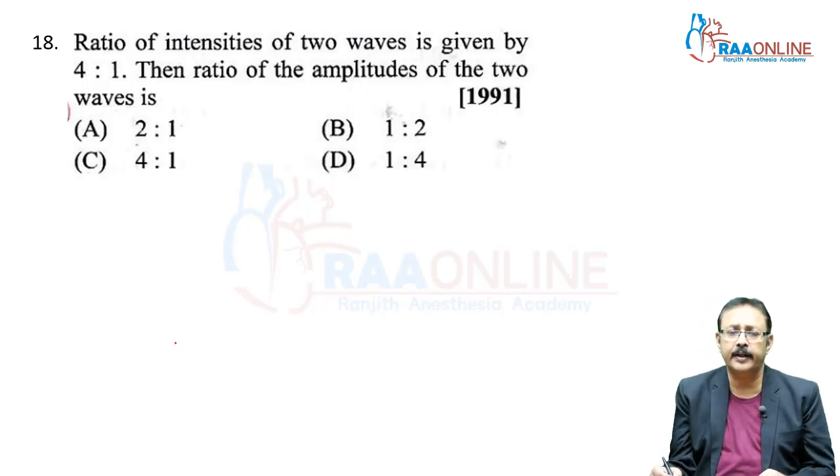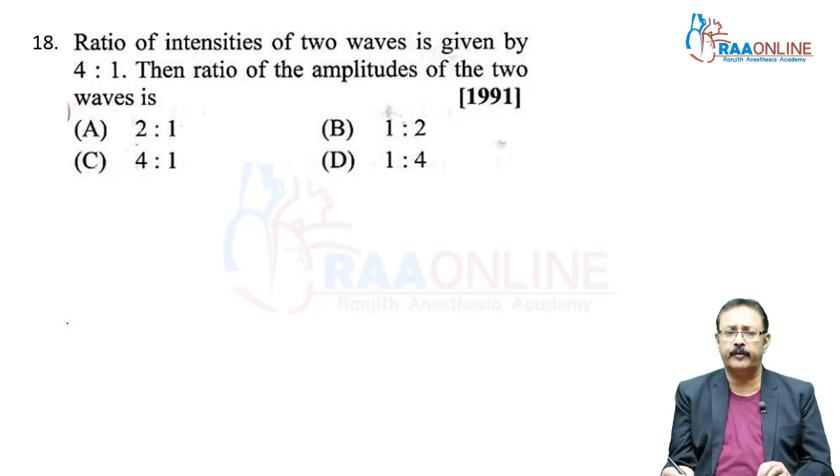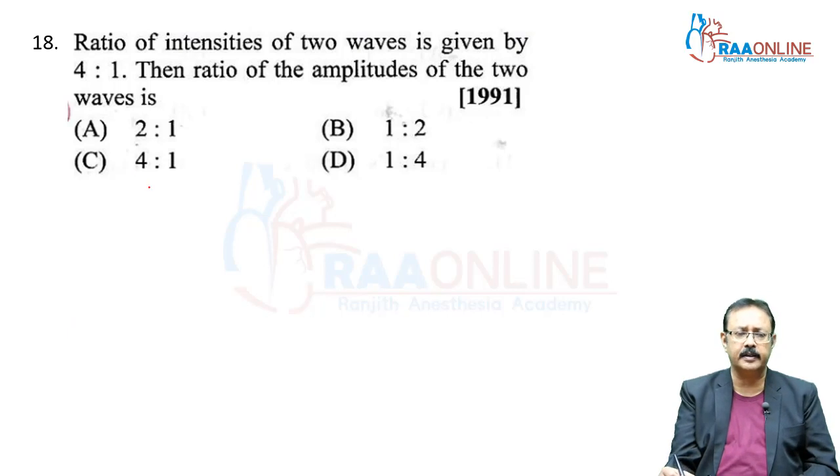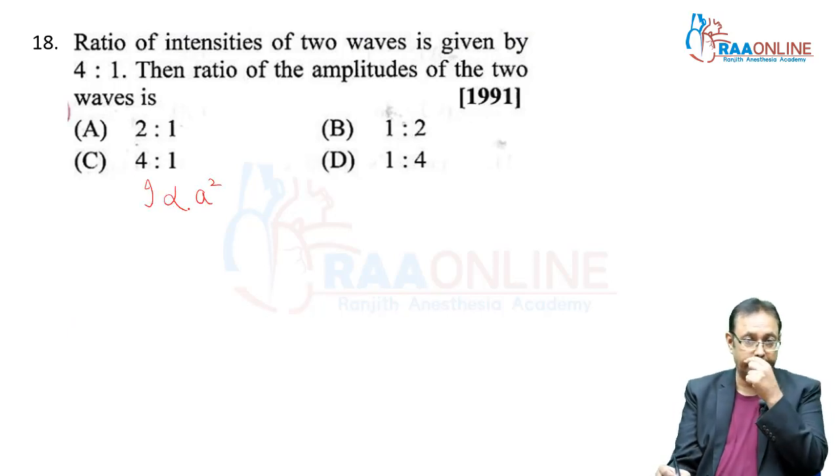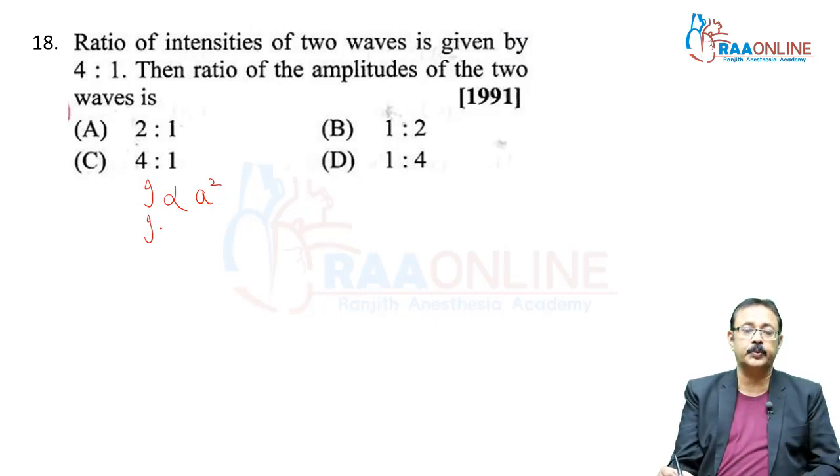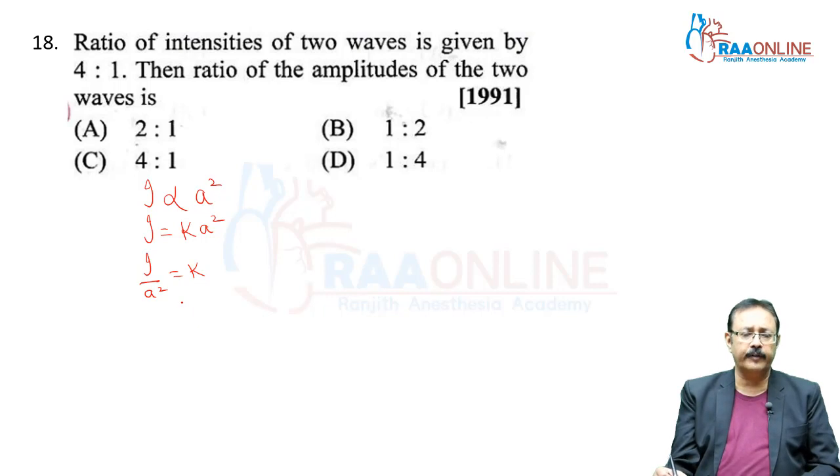Next, 1991 AIPMT. The ratio of intensities of two waves is given as 4:1. The ratio of amplitudes, we know that intensity is directly proportional to A square. It means I equals some constant times A square. It means I upon A square should be constant for all waves. For one wave, I1 upon A1 square. For the second wave, I2 by A2 square.